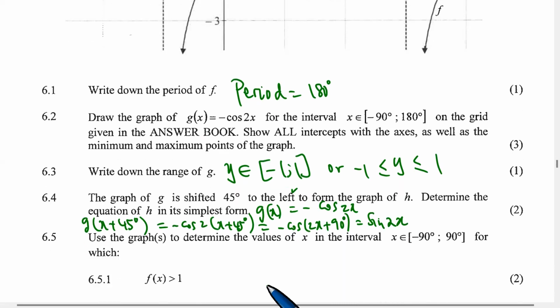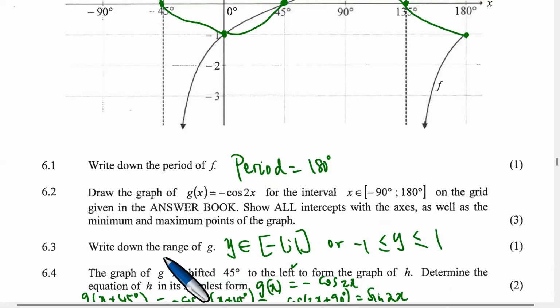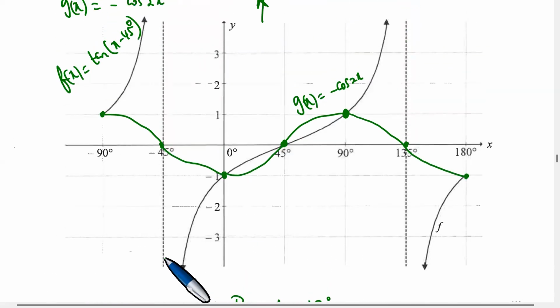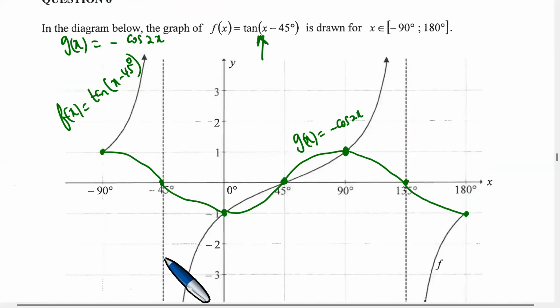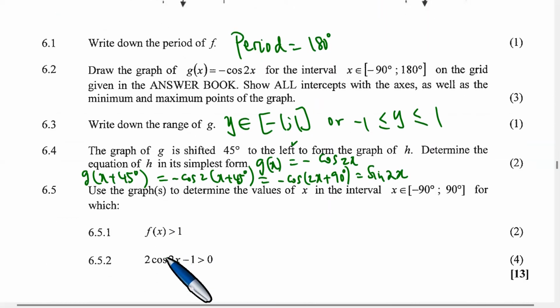Next question. Use the graph to determine the values of x in the interval between -90 and 90 degrees for which the function f is strictly bigger than 1. So let's look at this question here, 6.5.1.